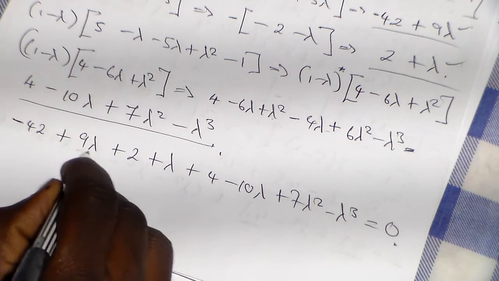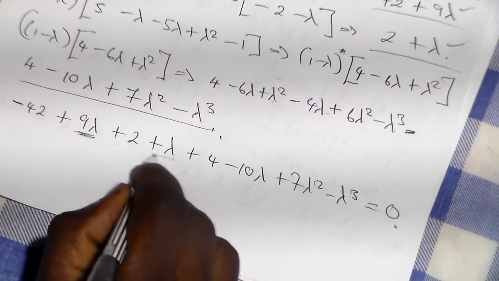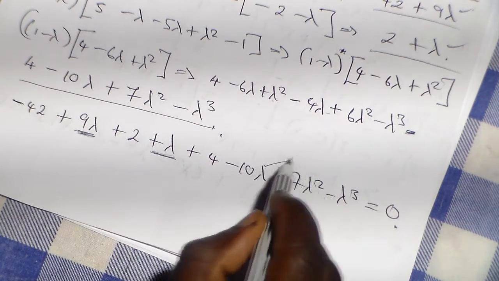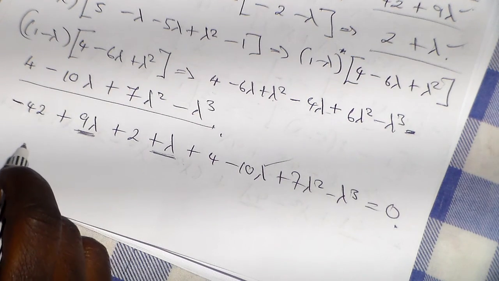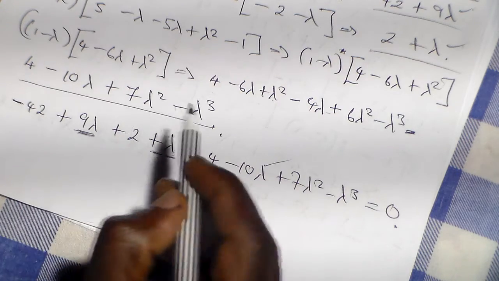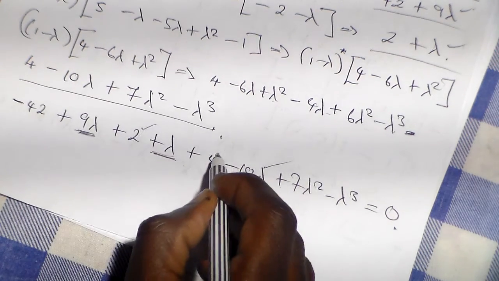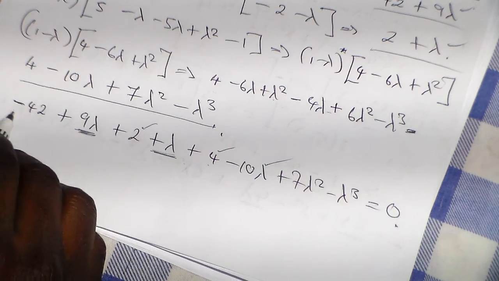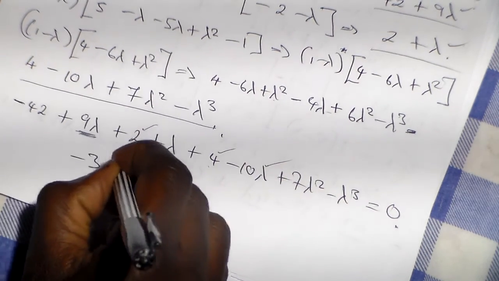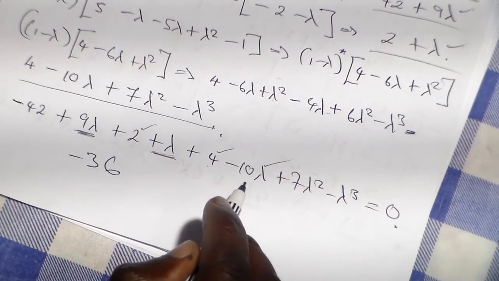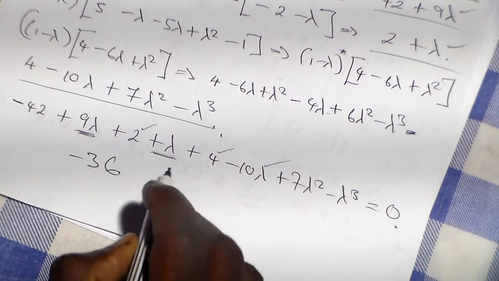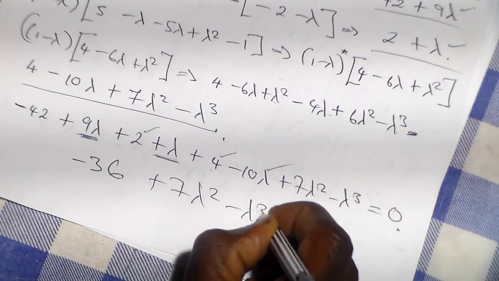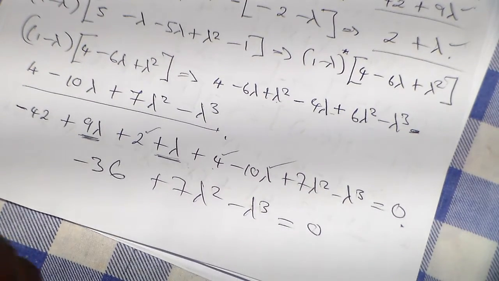Okay, so we are saying 9 lambda plus this lambda is giving me 10 lambda, minus 10 lambda will get a 0. And then we also now say 2 plus 4 is a 6, and then we say 6 minus 42 is giving me minus 36. Then we are now saying minus 36 plus 7 lambda squared minus lambda cubed is equal to 0.